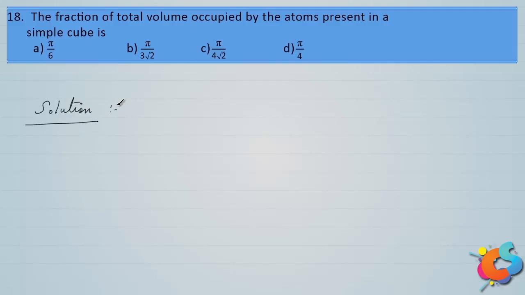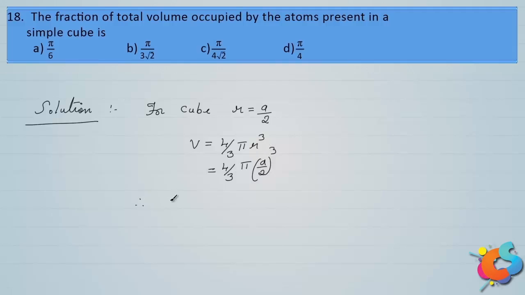The solution is, for simple cube, the radius can be given as A by 2, and the volume of the atom is given by 4 by 3 pi r cube. By substituting the value of r in the equation of volume, we get the volume as 4 by 3 pi into A by 2 the whole cube.